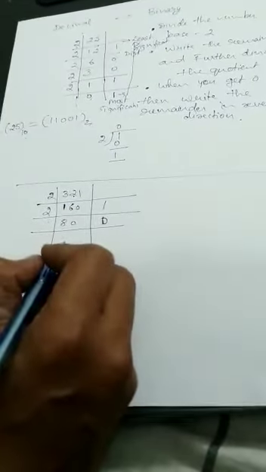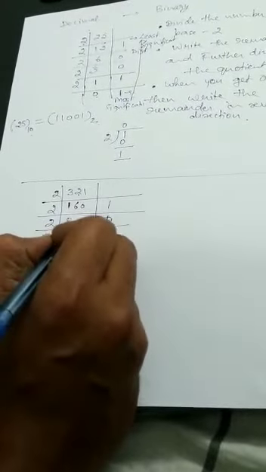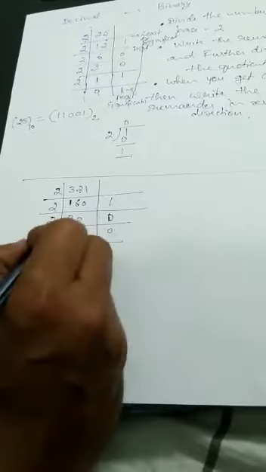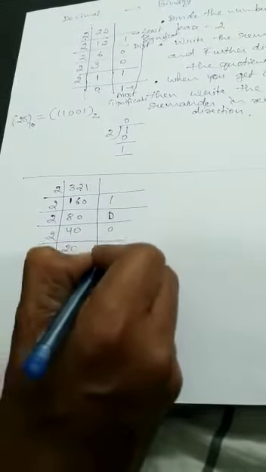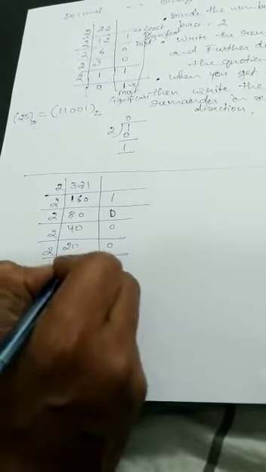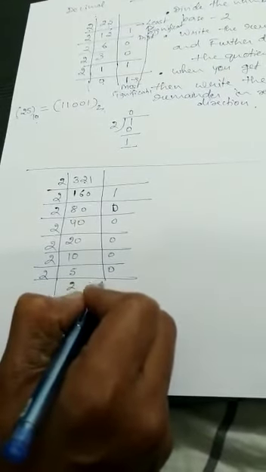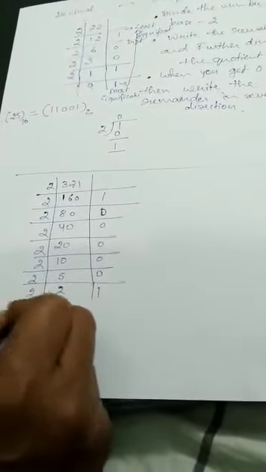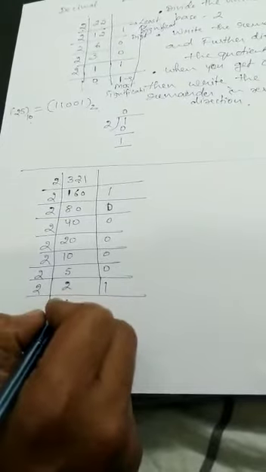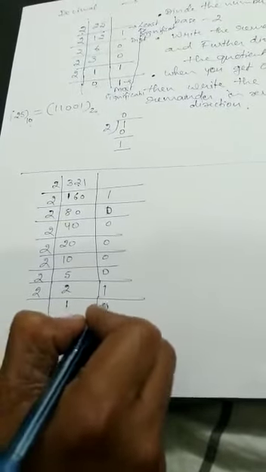When you divide a number completely, the remainder will be 0. 2 forties are 80, remainder is 0. You will get 20, remainder is 0. 2 tens are 20, 0. 2 fives are 10, 0. 2 twos are 4, remainder is 1. 2 ones are 2, remainder is 0.